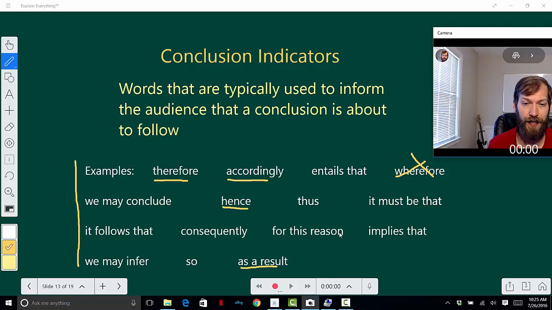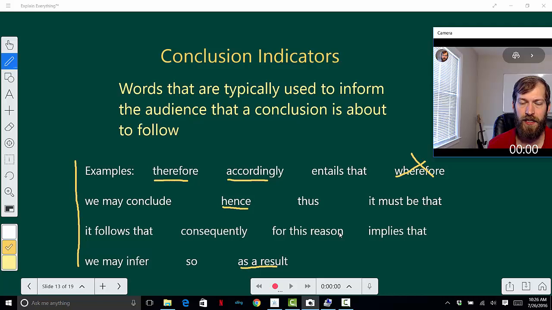It's raining outside, hence you should bring an umbrella. So really in some ways these words, not only are they suggesting that what follows is a conclusion, but they are also suggesting that what happens before in the passage we can accept as being premises. So it's got this dual role, if you will.